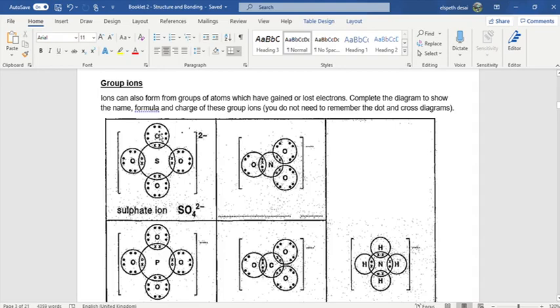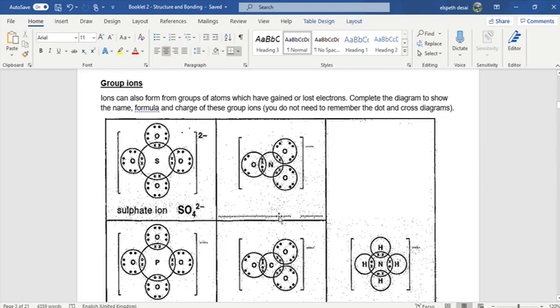The important thing to remember at Higher is that a group ion, something like the sulfate ion, is only one ion altogether. It contains 1, 2, 3, 4, 5 separate atoms. I suppose you could still call each one of these things atoms, but it's only one ion altogether, so that would be one sulfate ion.